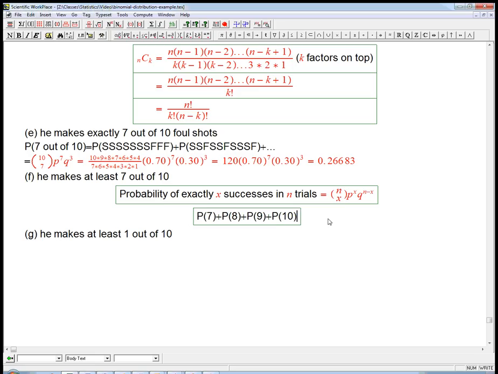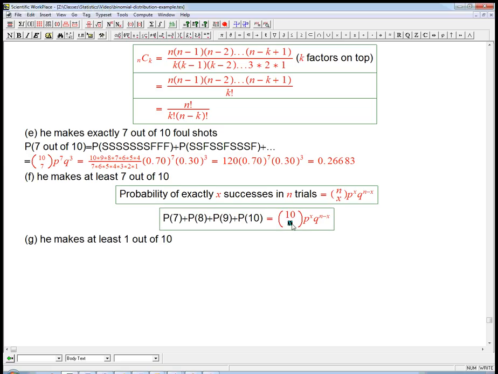So that's not too unwieldy. We can use this formula 4 times. It's all going to be out of 10. I need to do the 7, which we just did, and then that's going to be a 3. In this problem this is the 0.70, and this is 1 minus that, 0.30.